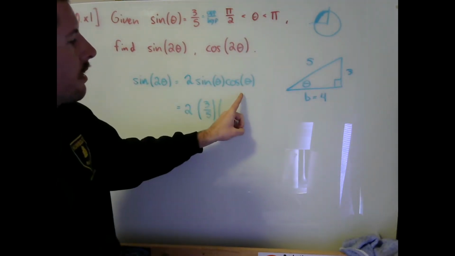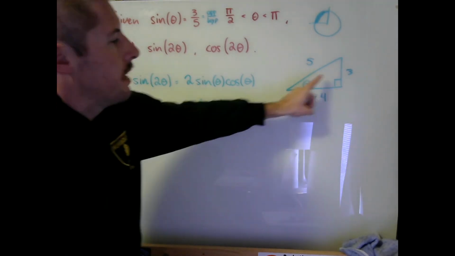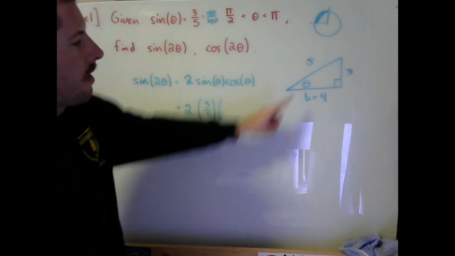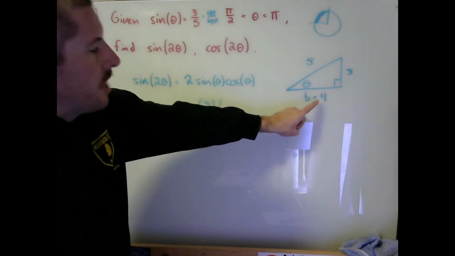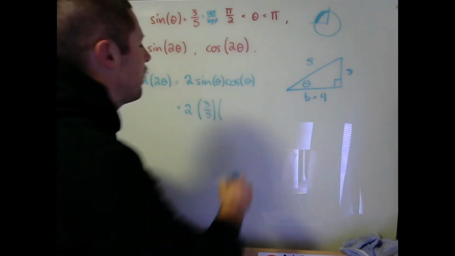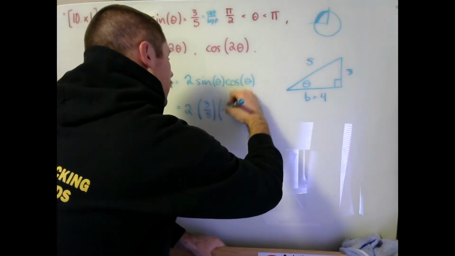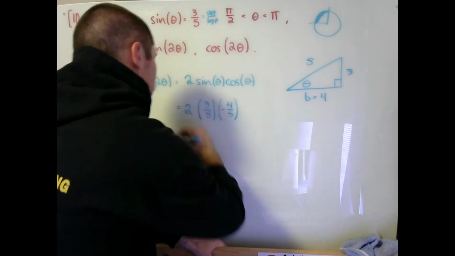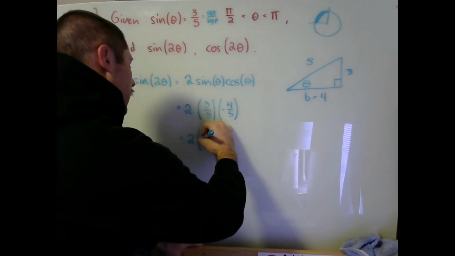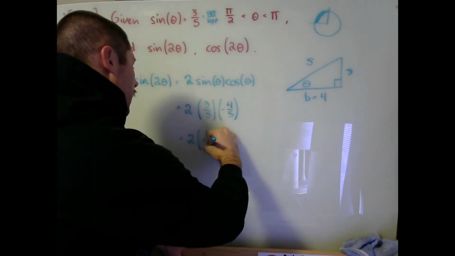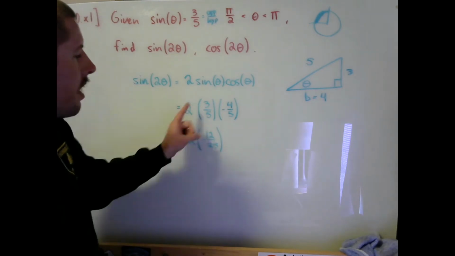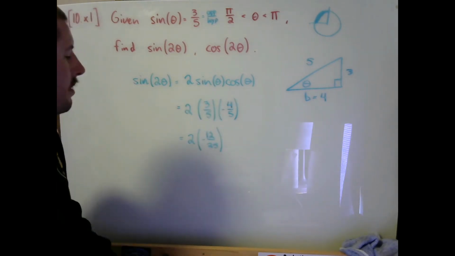Using my triangle, cosine should be adjacent over hypotenuse, so it looks like I pointed wrong there. Our cosine should be adjacent over hypotenuse, so 4/5, which we know to be negative 4/5. Now we just need to multiply up these numbers, remembering that we multiply fractions straight across. 3 times 4 is 12, 5 times 5 is 25.